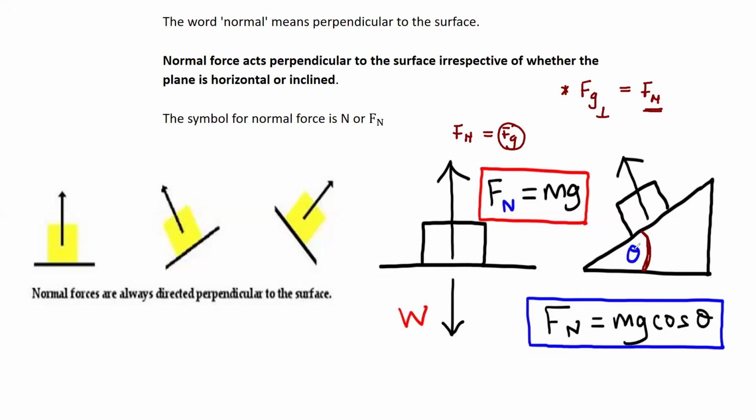Yes, the normal force will change as the angle changes, but I'm specifically talking about the angle of inclination, not a horizontal surface. On an incline, when you change theta, you will also change normal force. Even when you change the mass of the object, you will also change the normal force.